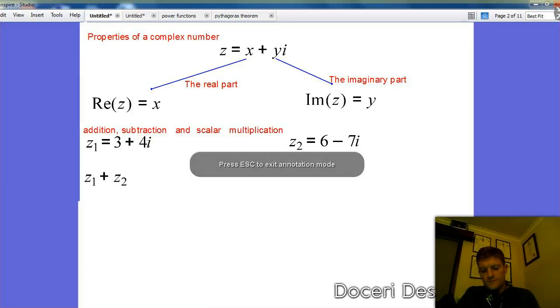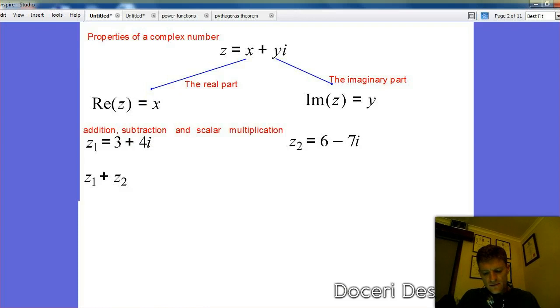So let's get the first one here, 3 plus 4i, and to it we're going to add 6 minus 7i. In the approach to adding complex numbers, the real parts of the number add to give us 9, and the imaginary parts of the numbers add, where we have 4 minus 7, which is negative 3i. Okay, very straightforward.